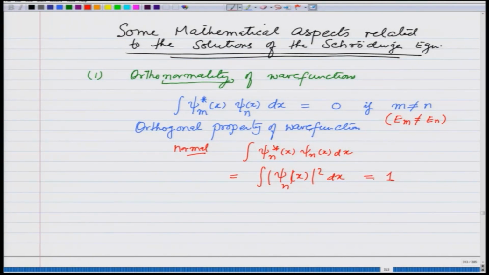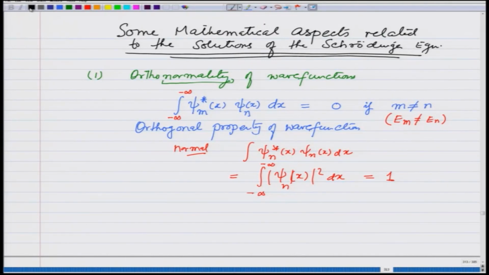We choose the constant in front of psi n such that it integrates to 1, and the integration is carried out over all space, minus infinity to infinity. Similarly, in the orthogonal behavior also it is from minus infinity to infinity. Normality we enforce; orthogonality, that these wave functions are orthogonal in the sense I have explained above, follows. So, let us prove that.